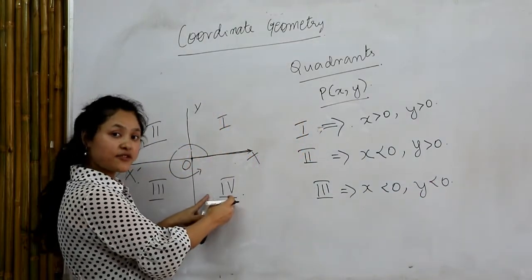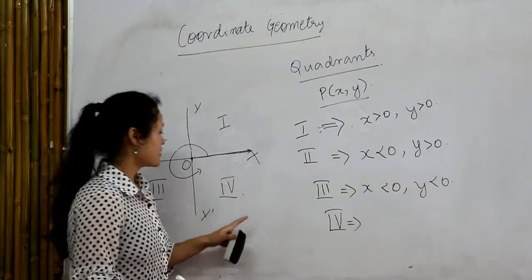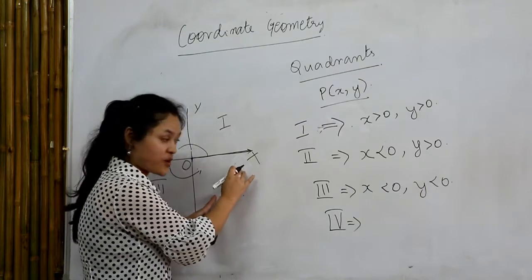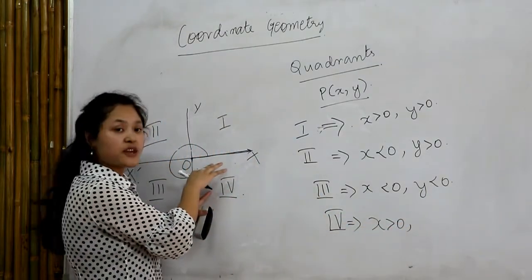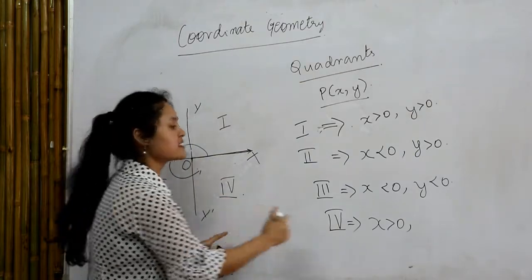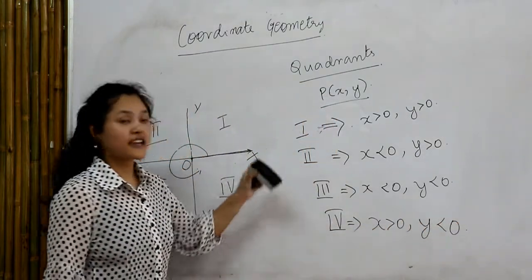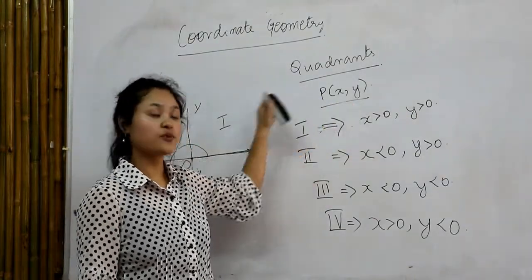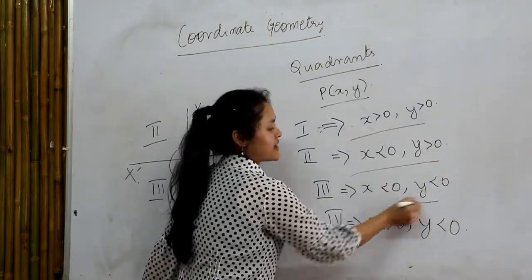If the point lies in the fourth quadrant, x is measured towards the right, so it is positive, and y is still measured below O, so it is negative. So this is the sign convention for any point P, and if you want to locate it, you have to make sure these signs are satisfied.